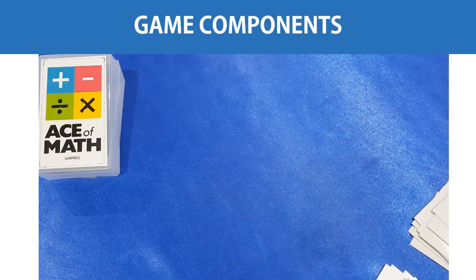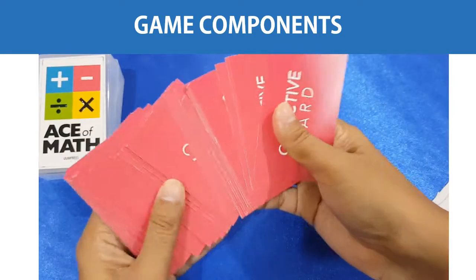Before starting the game, each player needs to know the game components for Ace of Math. The game components consist of two groups of cards. The first one is objective cards.